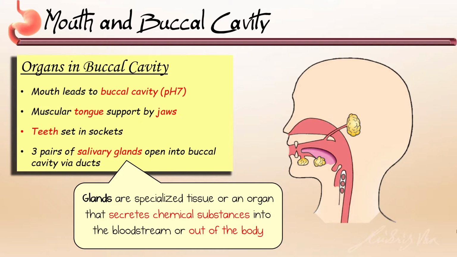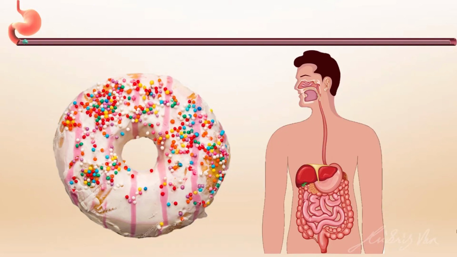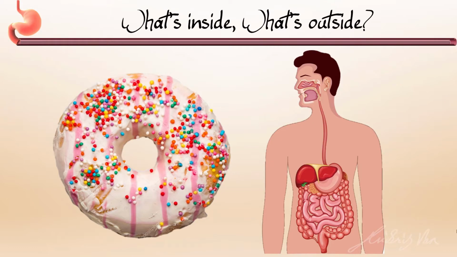Let us take a look at this donut. So our alimentary canal is a glorified, longer tube version of a donut. So imagine a donut, but it is being stretched out to a few meters long.